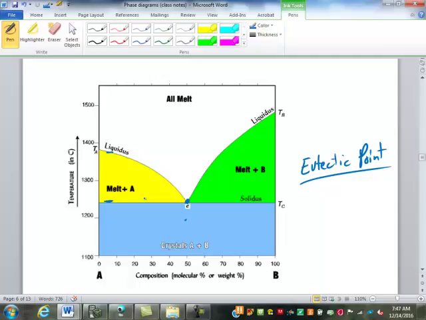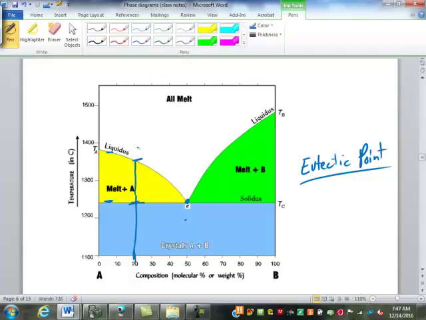And that is what this diagram is demonstrating. At a 20/80 composition here, at this temperature, which looks to be about 1230, 1240 degrees, it will start to melt. Part of it will melt. At this temperature, which is about 1360, it looks like, it'll all be melted.